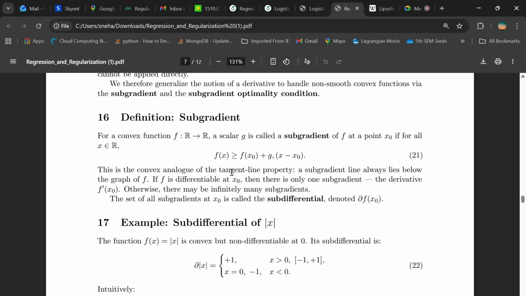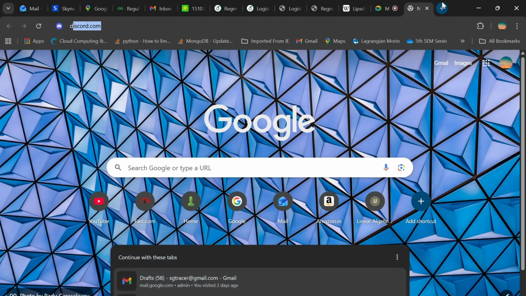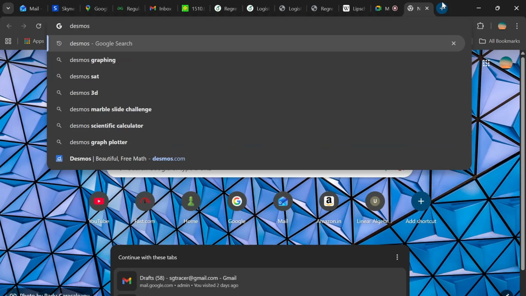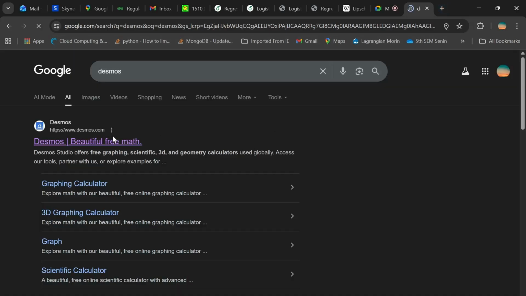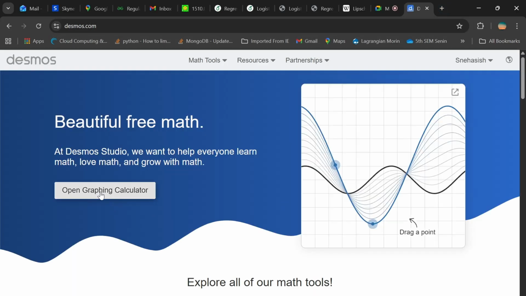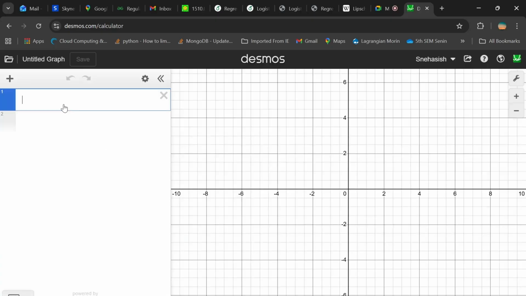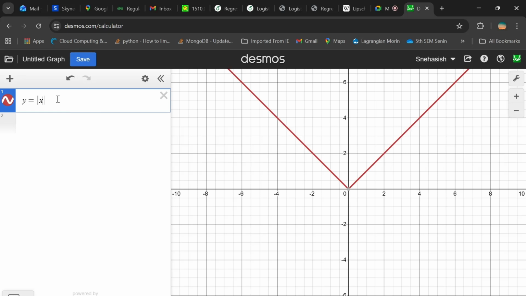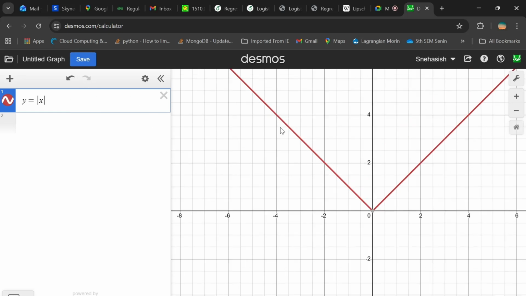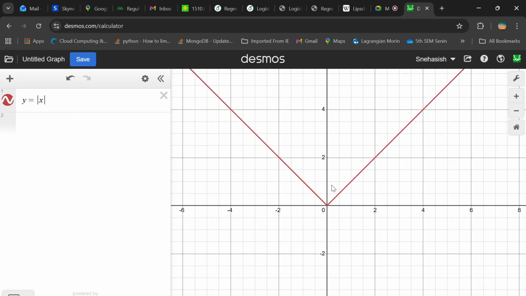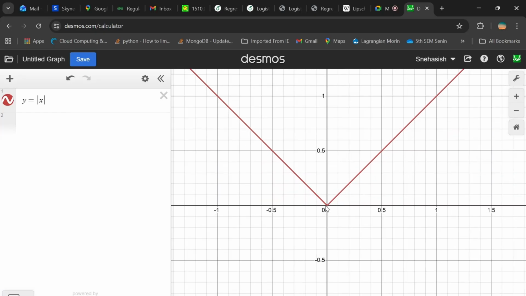I'll tell you in a very graphical way. This is the graph of y equal to mod x, y equal to the absolute value of x, and we can see that it is not differentiable at 0. So this function is not differentiable at 0.